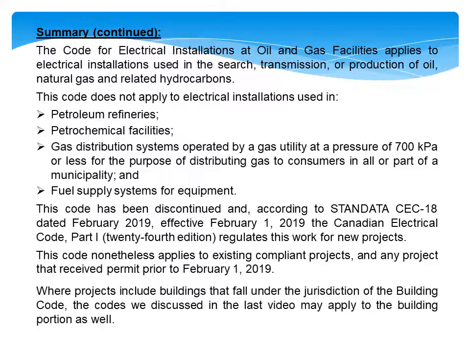This code has been discontinued for the Canadian Electrical Code 2018, Part 1. The 24th edition now regulates this work for new projects. This code nonetheless applies to existing compliant projects and any project that received permit prior to February 1, 2019, as stated in Alberta Municipal Affairs Stand Data CEC-18 of February 2019.